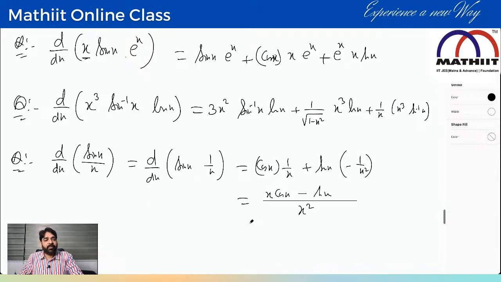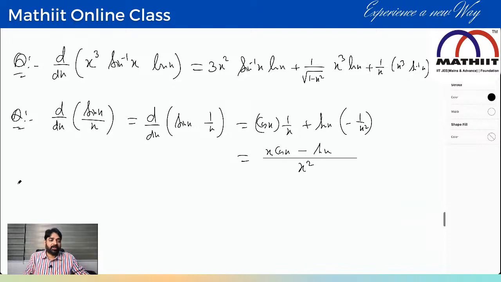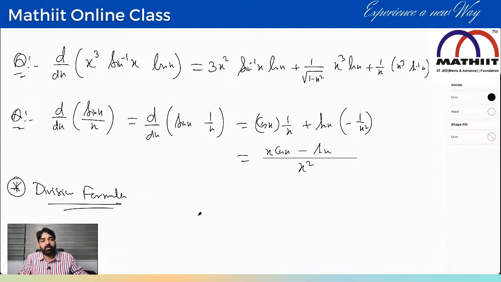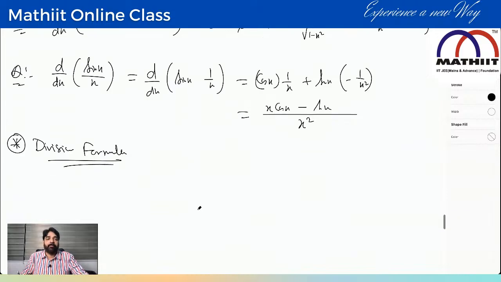From this, we can develop what is called the division formula. I'm just giving the heading so that when you're reading any books and material, you should not get confused. Everything you already know, it's just for namesake that I'm giving you the division formula. It says d by dx of u by v, numerator by denominator.